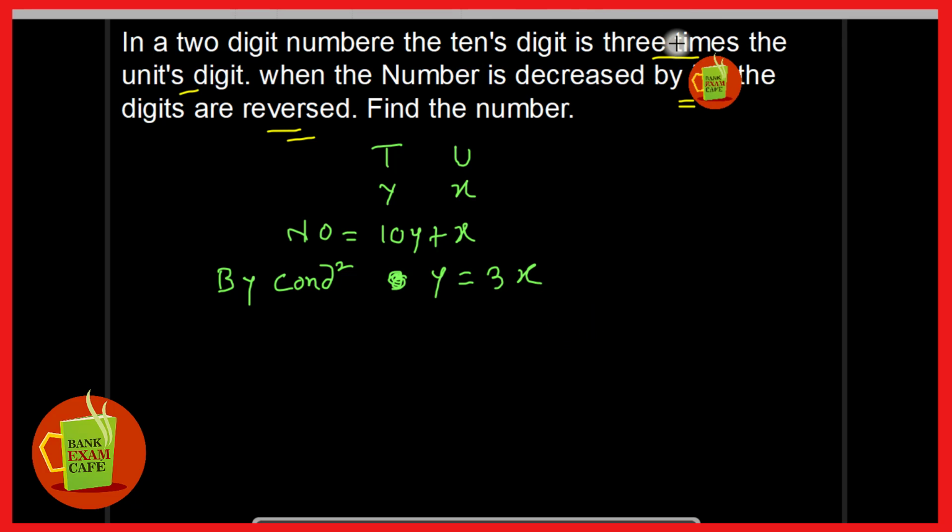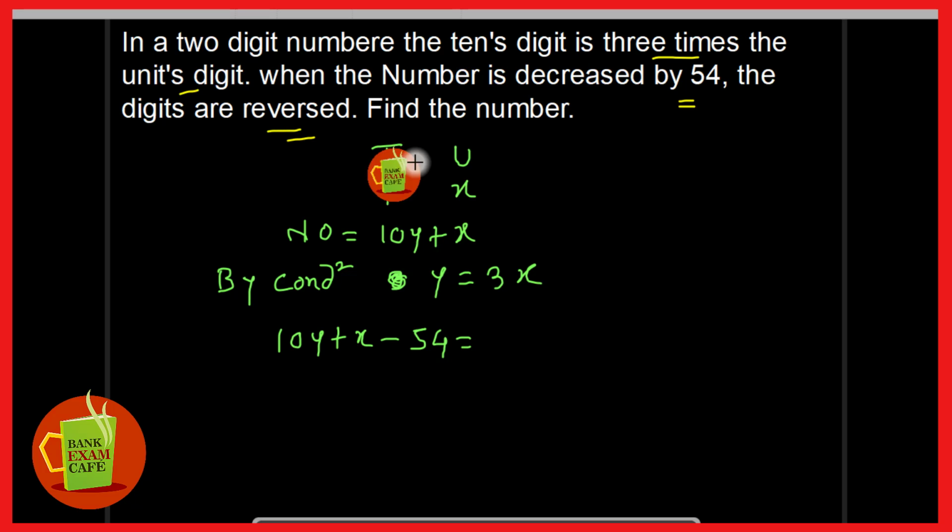Because the tens place digit, that is y, is 3 times that of the unit place digit. So y is equal to 3x. And now here it is the second condition. By condition 2, when the number is decreased by 54, this is the original number, if the number is decreased by 54, so minus 54, then what will happen?